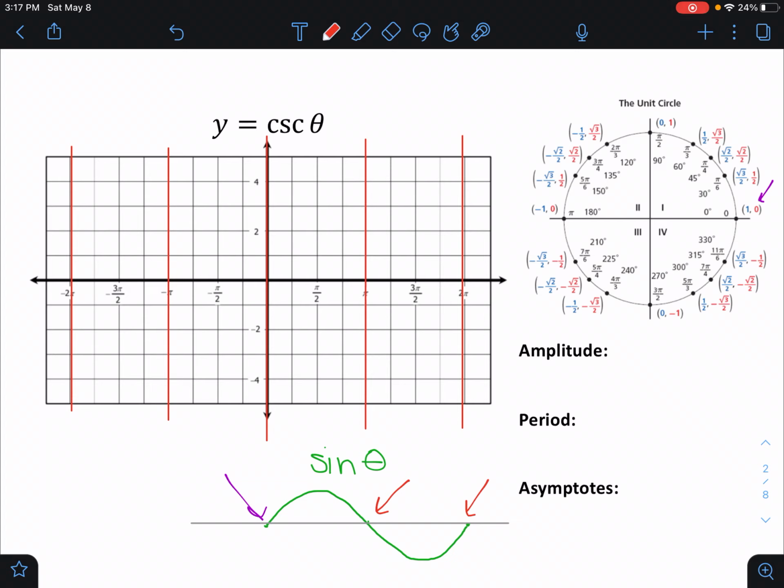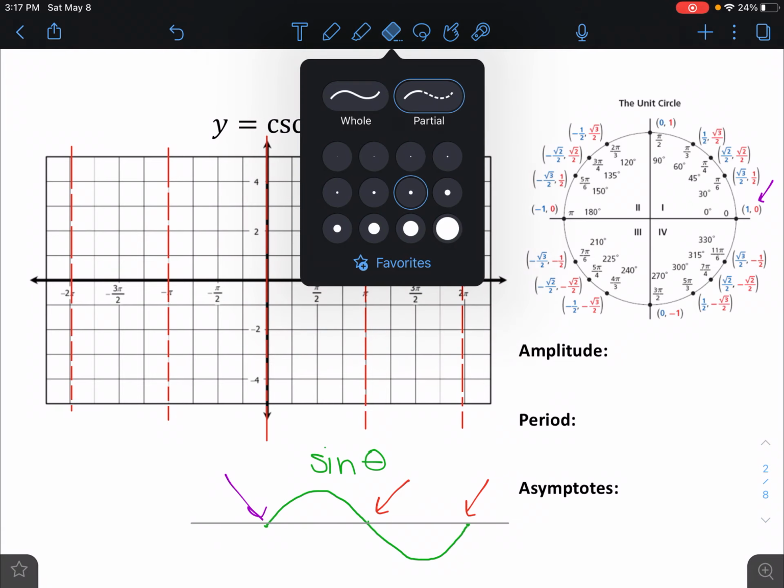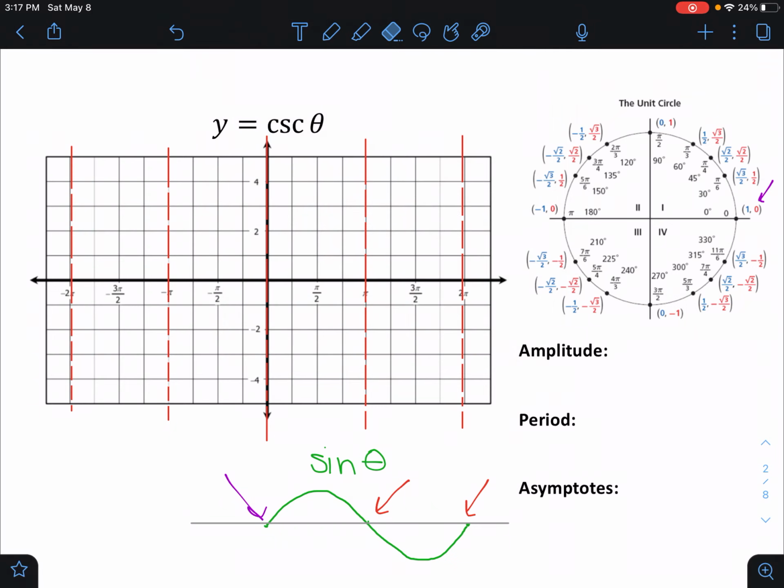Okay, so those are my asymptote lines. That actually makes it a little bit easier to graph. I'm going to draw in my asymptote lines. There they are.